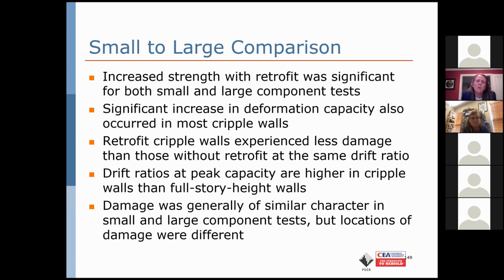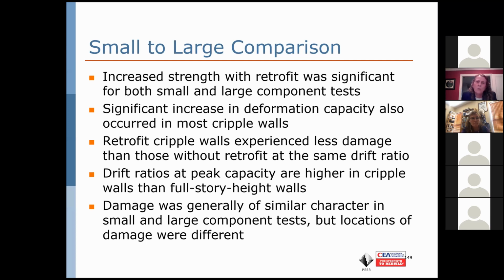We draw various conclusions about which of the small component tests best matched the outcome of the large component test, and how all of them fell in a range of upper bound to lower bound. The increased strength with retrofit was significant across both the small and large.